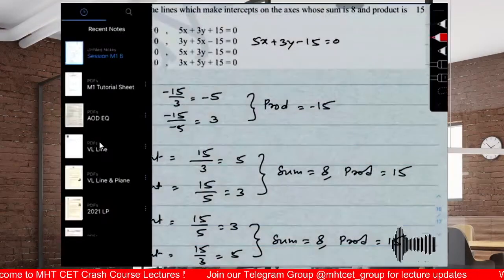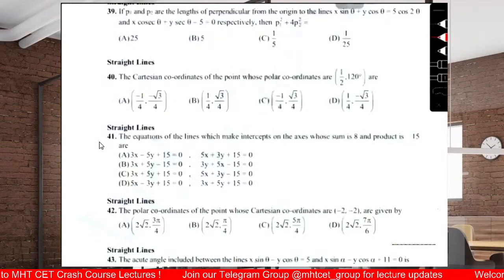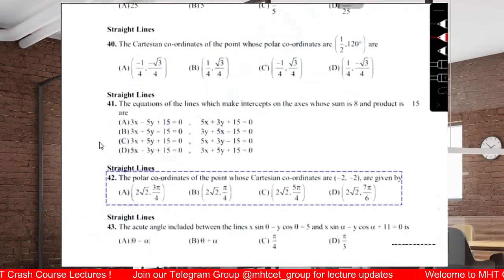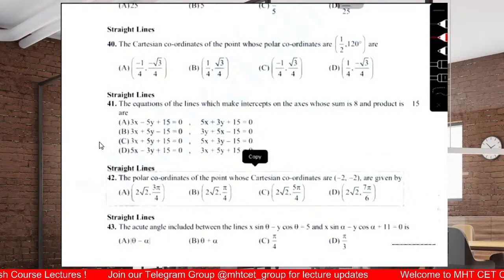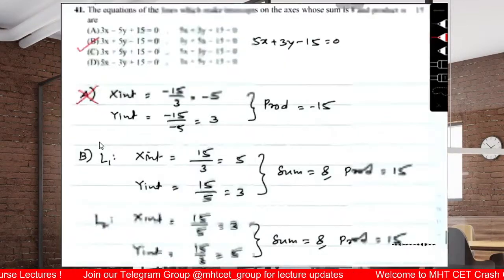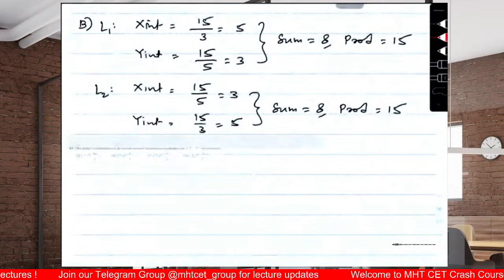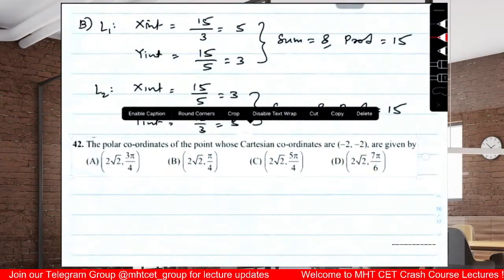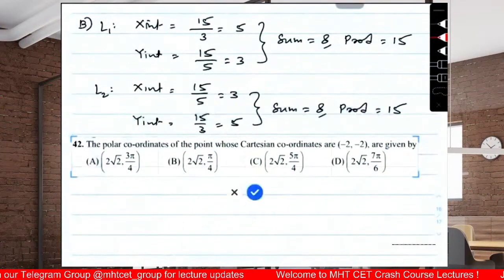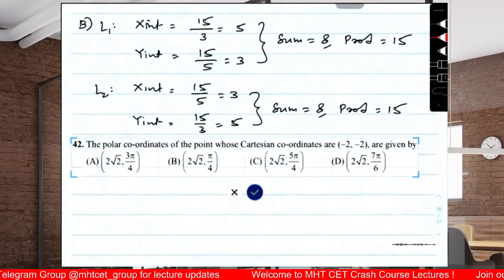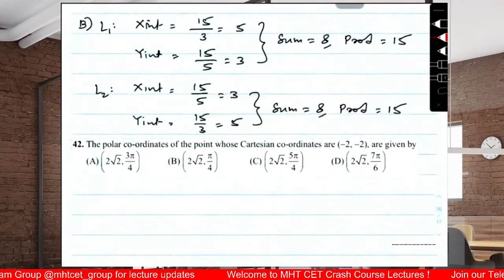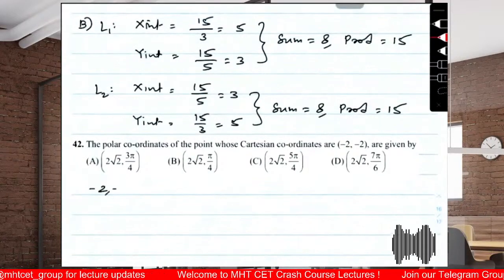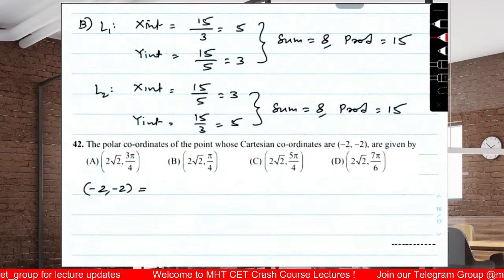Next is 42. Polar coordinates of the points used Cartesian coordinates are -2, मतलब third quadrant.